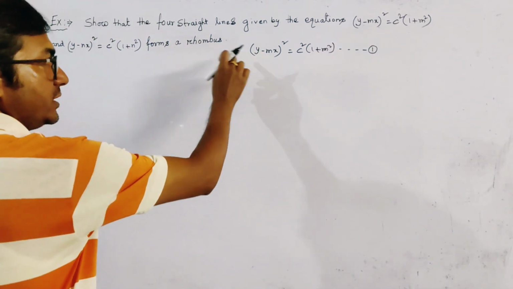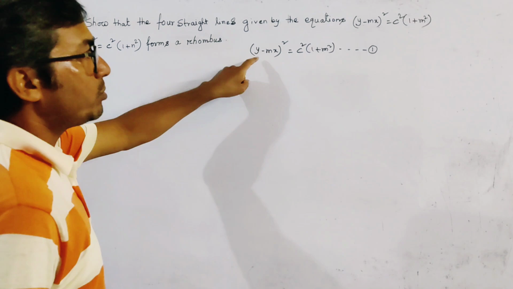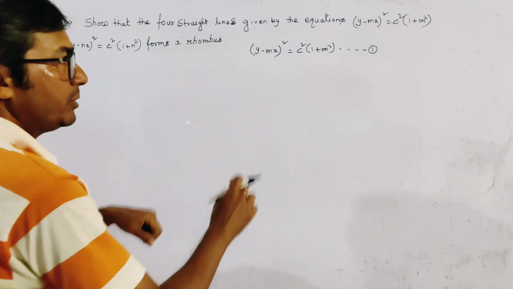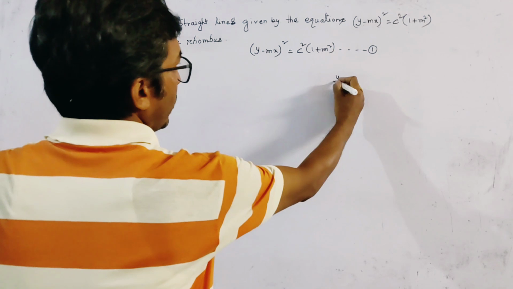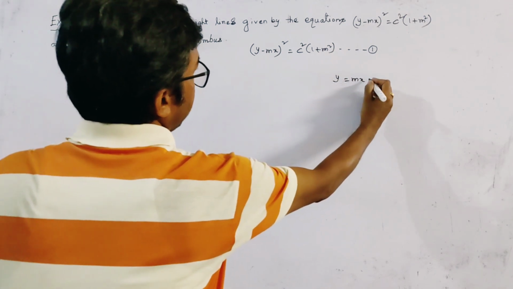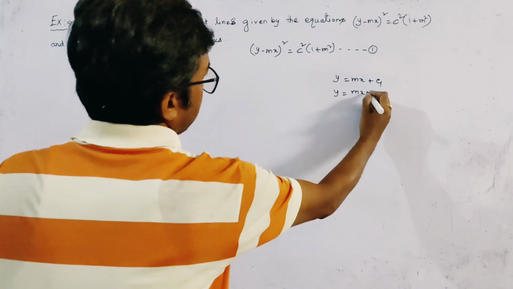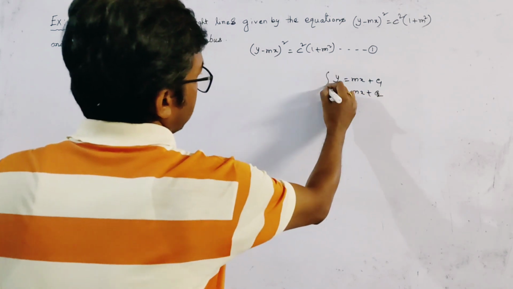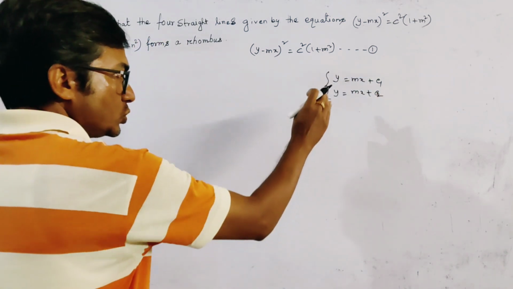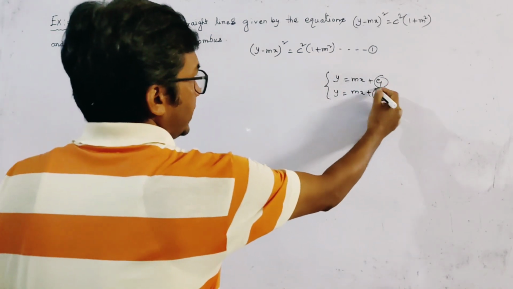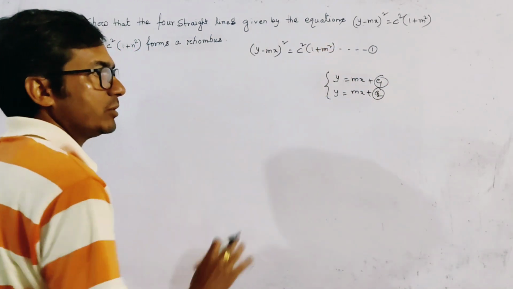Clearly this pair of lines represents two parallel lines, because they are of the form y equal to mx plus c1 and y equal to mx plus c2. Only the constants are different, while the other terms are equal.